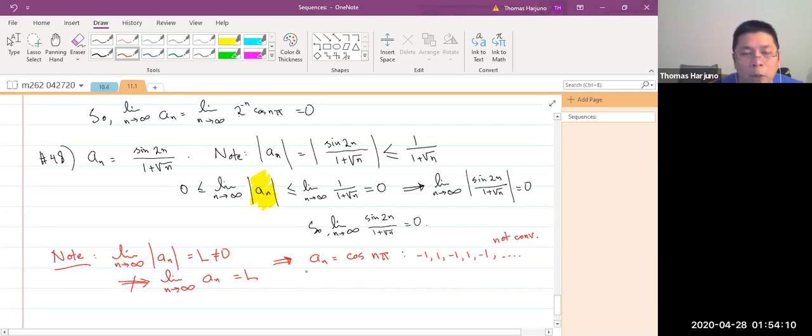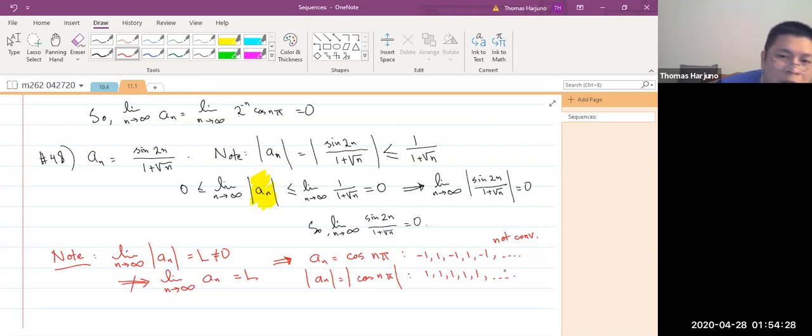However, when you look at the absolute value, you will see that it converges to 1. So it is possible the sequence is alternating plus or minus 1, and when you apply absolute value, it gives you 1. So the only time this will work is when the limit of the absolute value actually goes to 0.